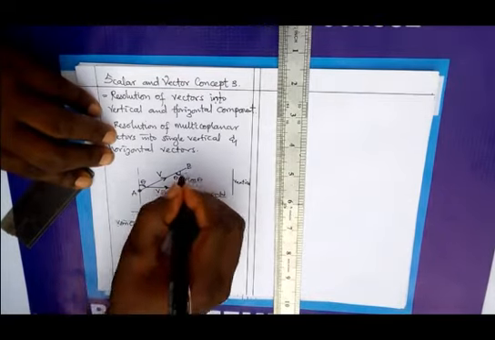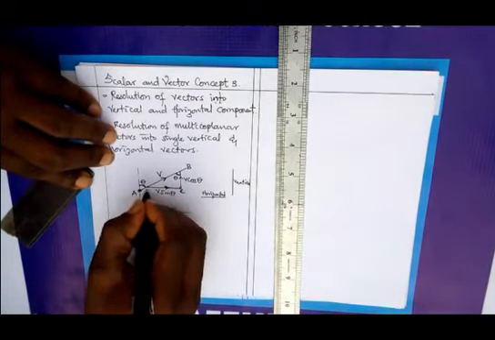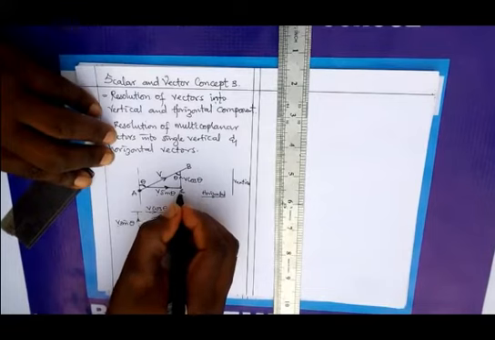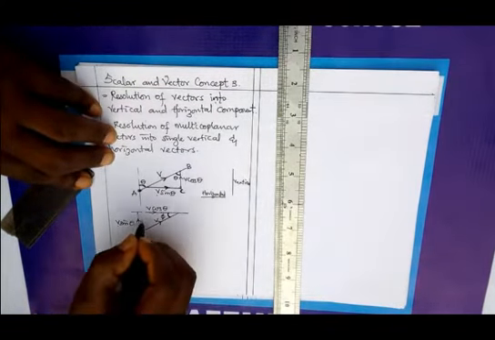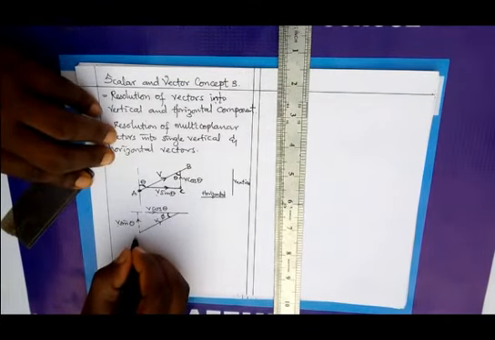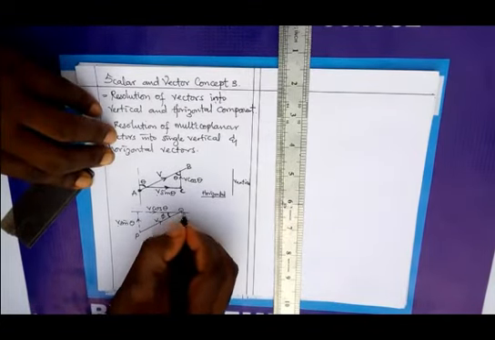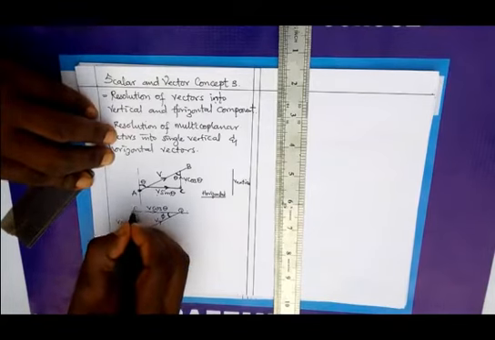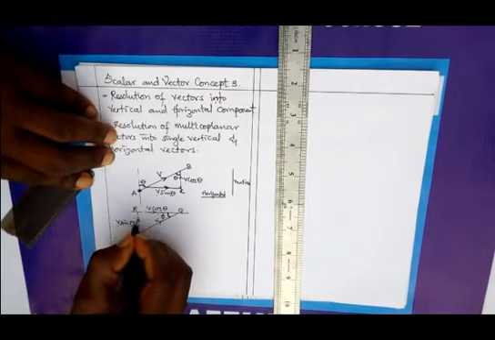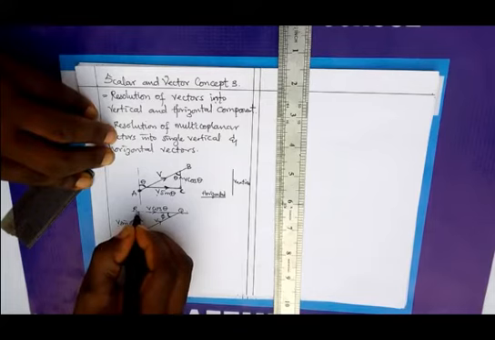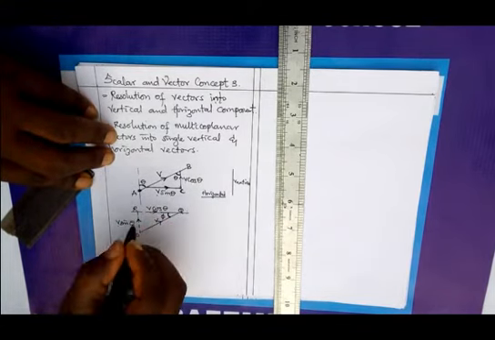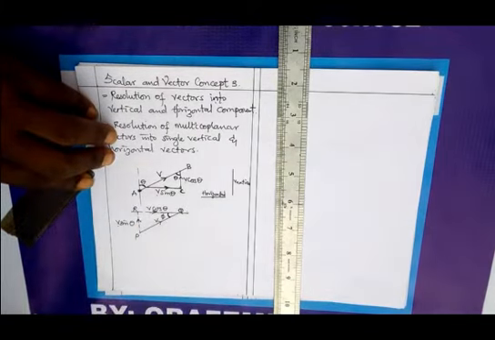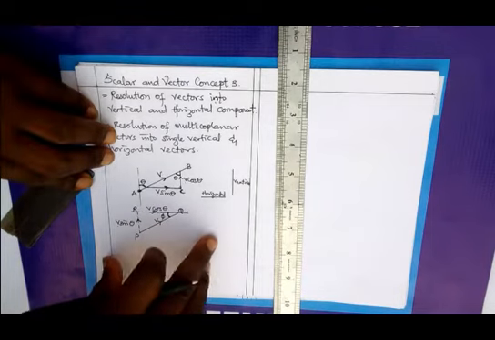Moving from A to B, you can either go straight or move through the horizontal first to C, then from C move through the vertical to B. The same thing applies here. If I have P to Q, I can move to R, you see the direction, correct? Then from R to Q, so I still get to the destination. So please don't forget, when you are resolving into components, the direction is also important.